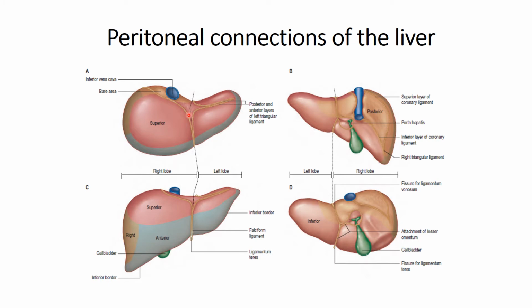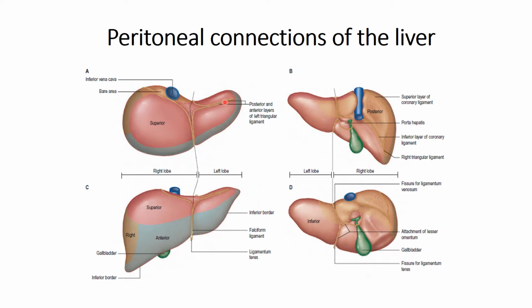As it is growing rapidly, it divides into its two major lobes. So this superior diaphragmatic connection now bifurcates, and this bifurcation forms the right and left triangular ligament.